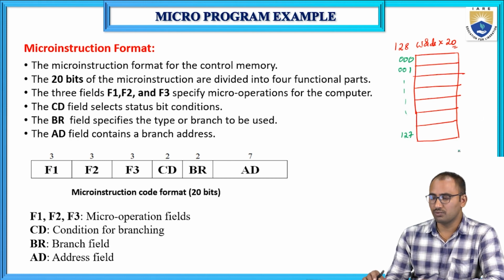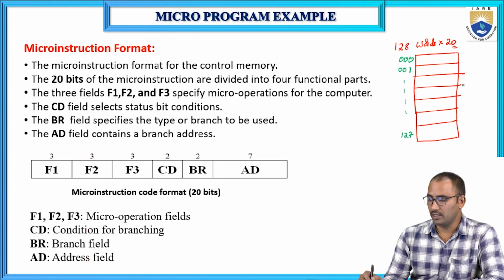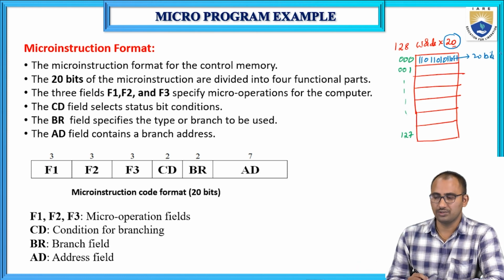So in total it contains 128 memory locations. In every memory location we can store 20 bits of information, because the size of the micro instruction is 20 bits.